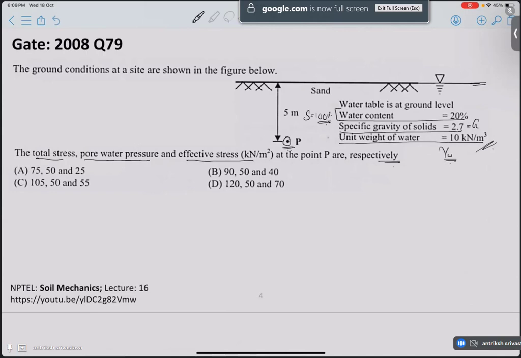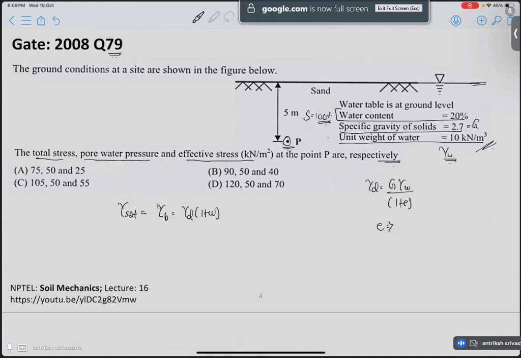Since the soil is saturated above this point, we first have to calculate gamma sat, which we already did in the previous question, GATE 2008 question number 78. So we will directly apply that formula here. Gamma B equals gamma D into 1 plus w, and gamma D is G gamma W divided by 1 plus e.